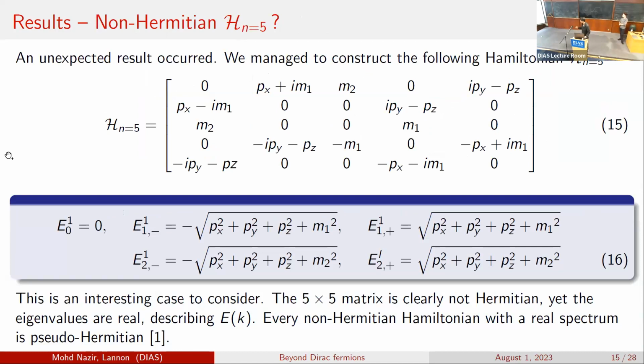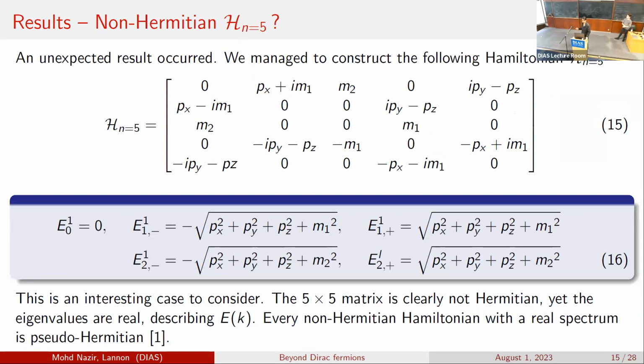So in this case, we did come across an unexpected result while investigating the 5x5 case. We managed to construct a Hamiltonian that yielded eigenvalues corresponding to a real spectra of energy dispersion relations, but the Hamiltonian that we constructed is not Hermitian, which was quite an interesting case to consider.